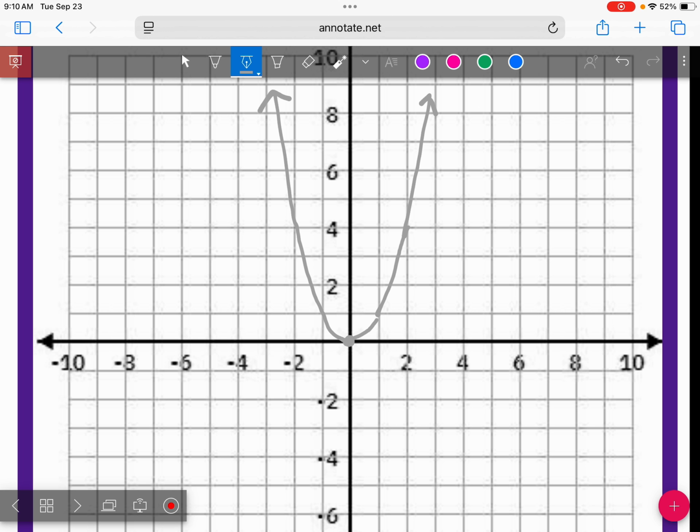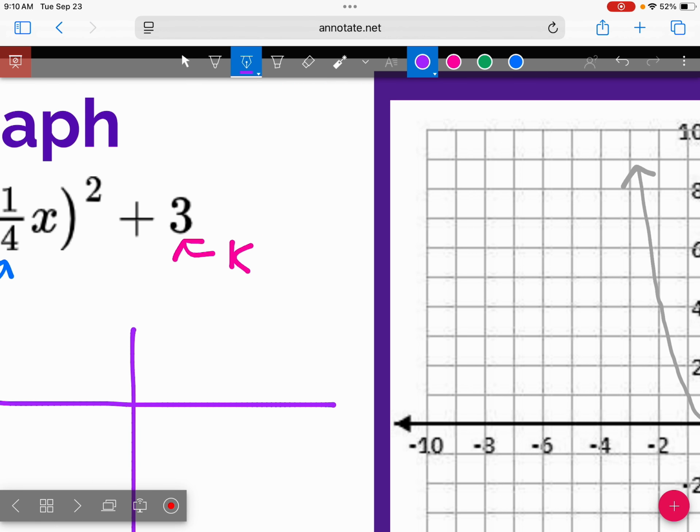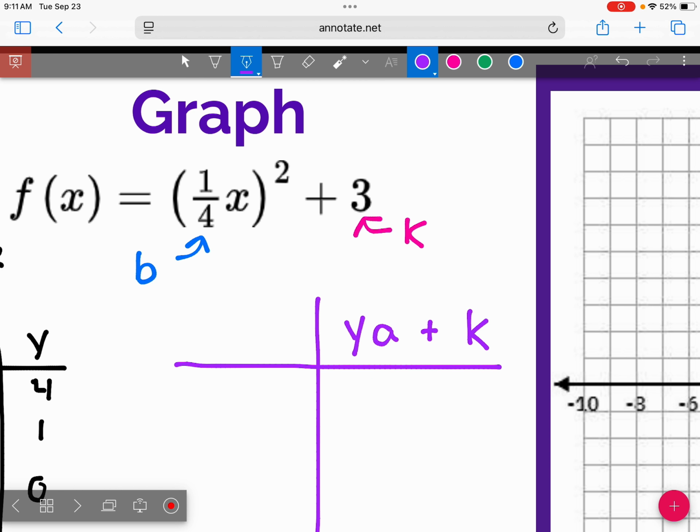We want to make our transformed function. So we're going to take some very similar pieces, our y a plus k, and then we have our x plus h, which is the old way.